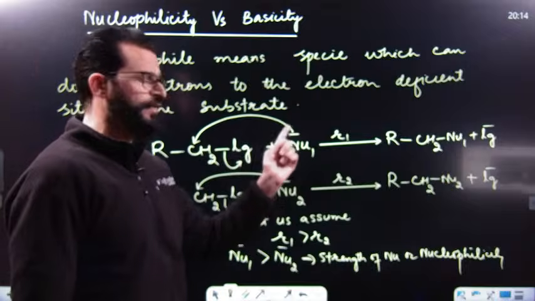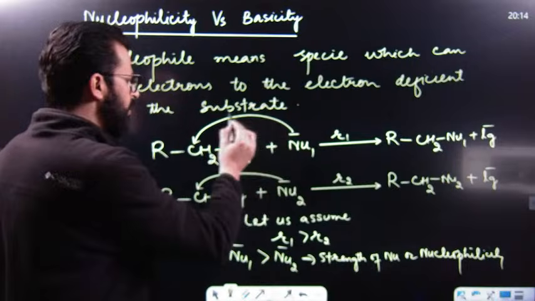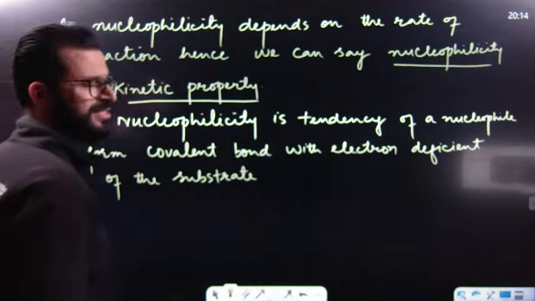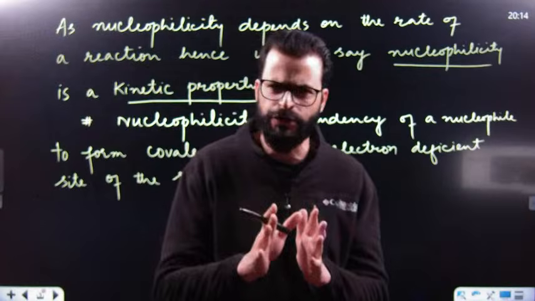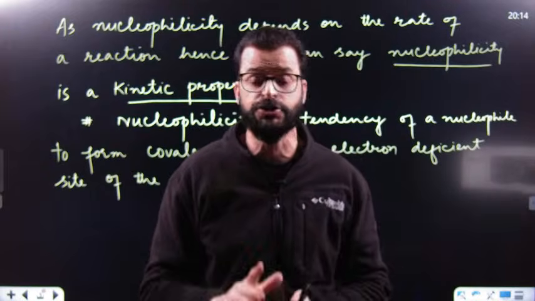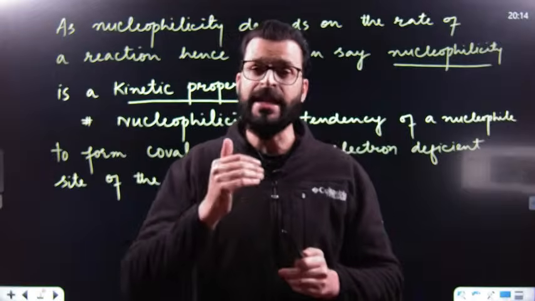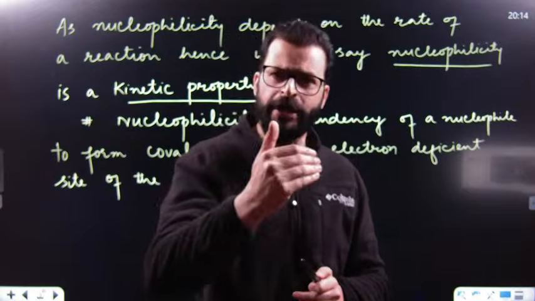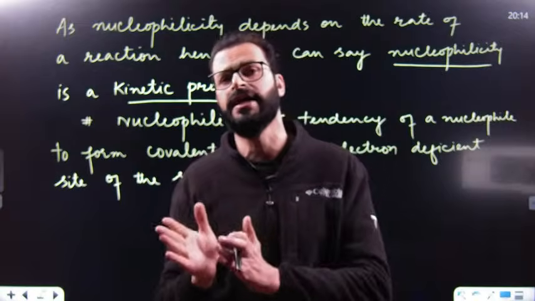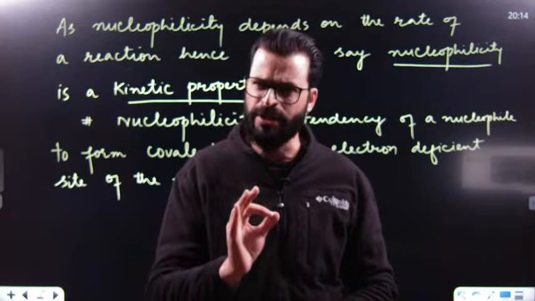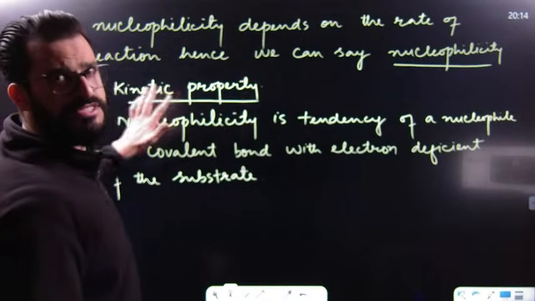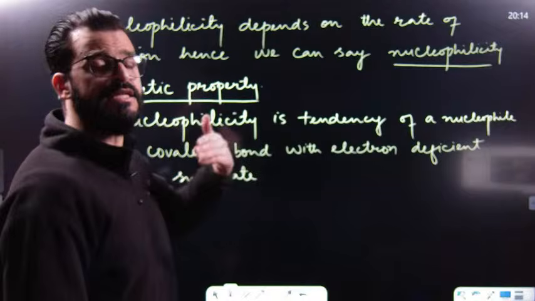So a nucleophile is a species which can donate its electron pair to the electron deficient site of the substrate other than hydrogen, and this tendency is known as its nucleophilicity, or the strength of the nucleophile. Nucleophilicity is a kinetic property as it depends on rate.